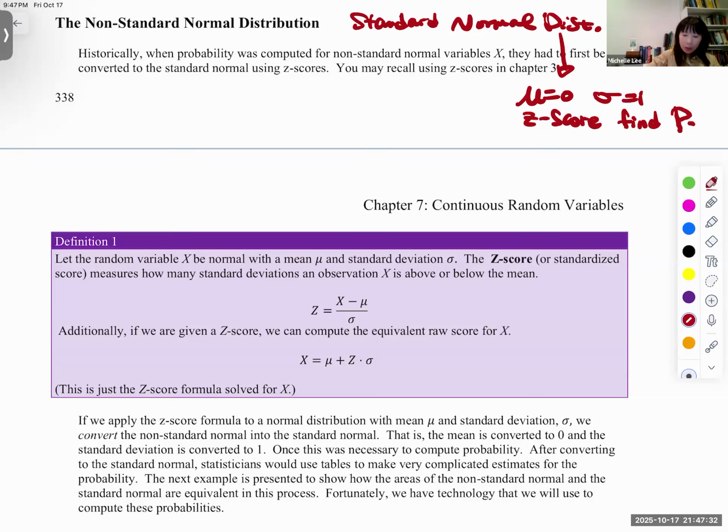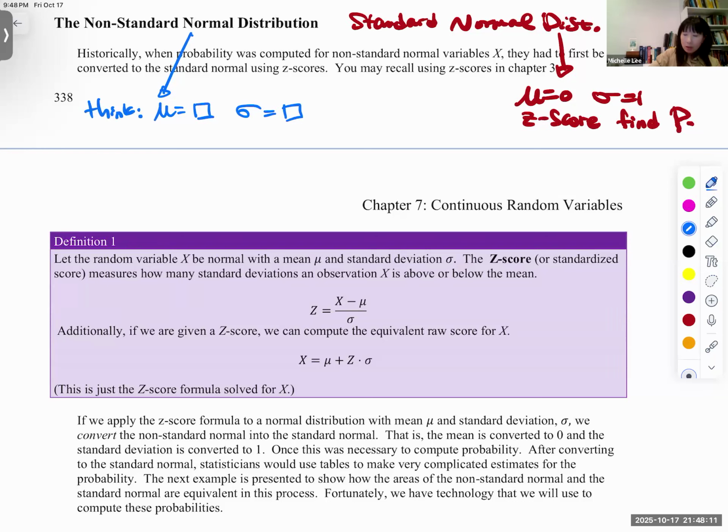How about what if we have non-standard normal distribution? What does this mean? This means the mean is given as something different than 0, because with z-score the mean equals 0 and standard deviation is 1, right? So for non-standard normal distribution we are given mu equal to something and sigma equal to something.